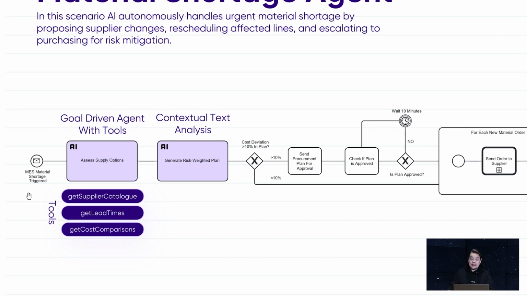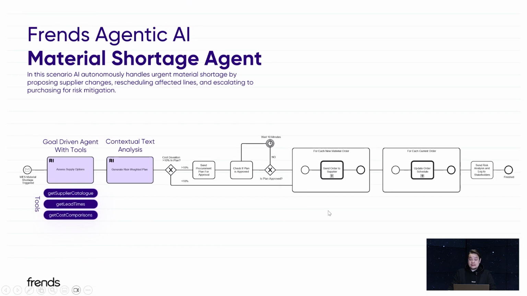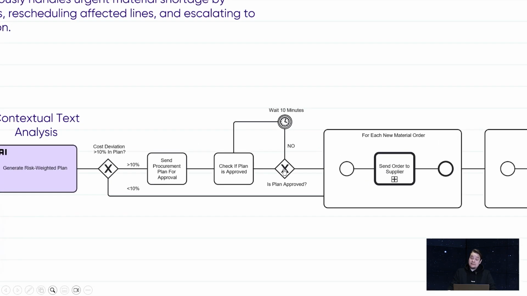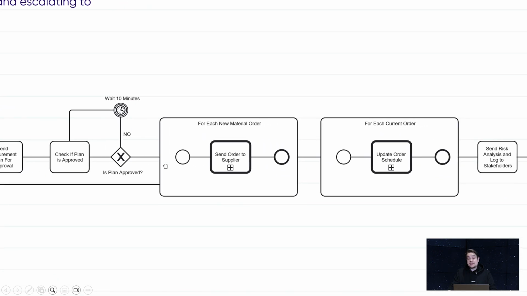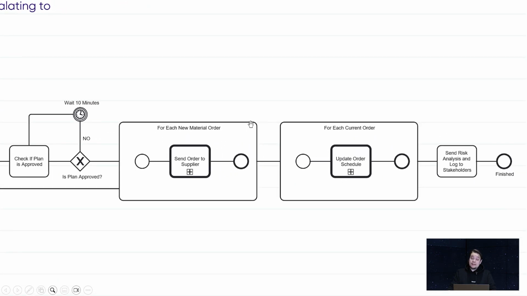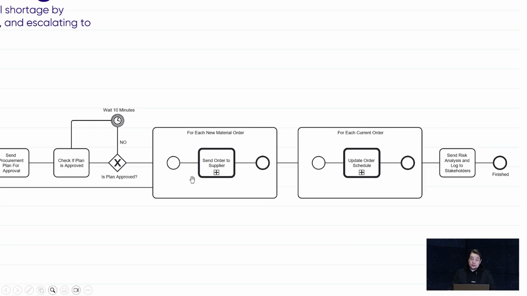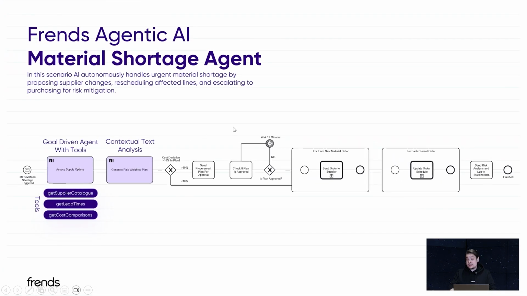And we might have an AI agent that actually assesses different options from our existing supply chain to get to the best possible plan with as little time lost and, of course, as little cost impact as possible, and basically generate a risk-weighted plan on where we should try to get the new replacing material as quickly as possible. Again, we need to have human in the loop for approval, but then, of course, we can utilize the normal iPaaS features to actually put in those orders as soon as the plan, for example, gets approved.